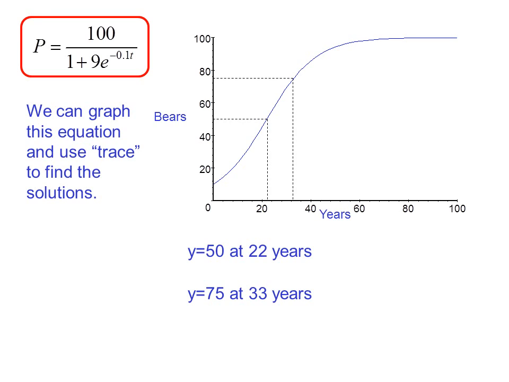There would be 75 bears at about 33 years. And it would take 75 years to round to 100 bears. Now, because we're talking about bears here, none of these figures are exact. It's only a best estimate, so we certainly can't round to more than the nearest whole bear.